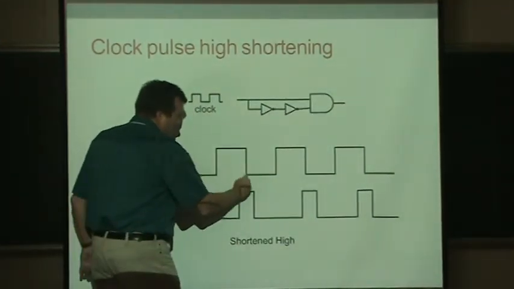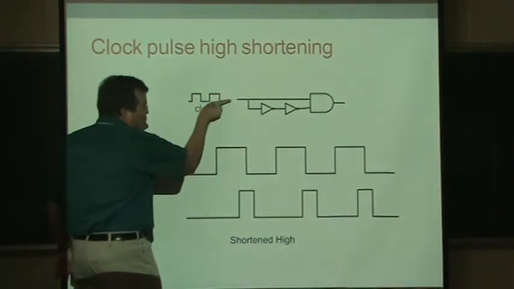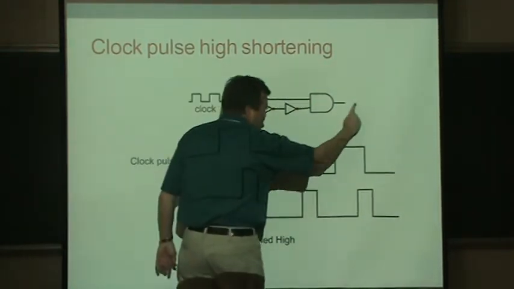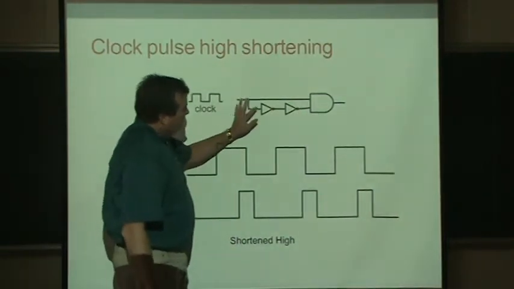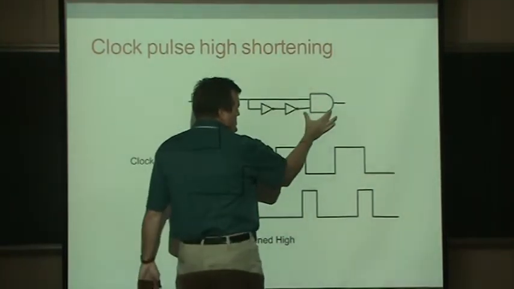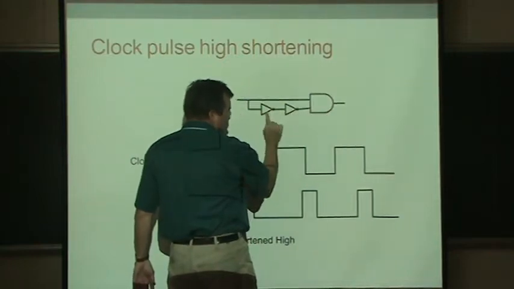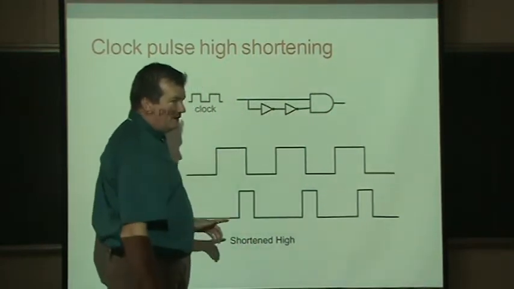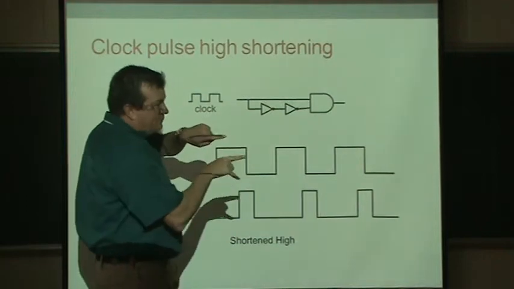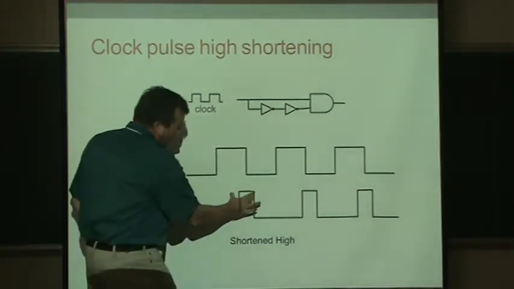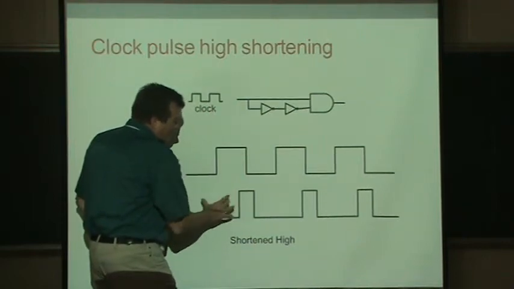So here's our input signal. This is the signal coming into this wire. And this is the output signal, what's coming out of here. So not only do we get a delay, because there's a delay for the transistors and resistors of the AND gate, we also get this intentional delay. We throw it here, and we need both inputs to be on before the output could be on. So we get a shorter high, and it's also delayed.